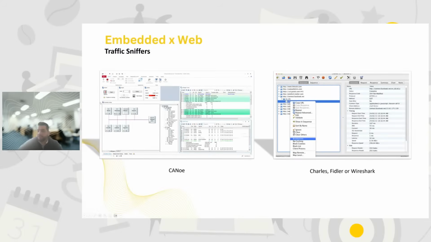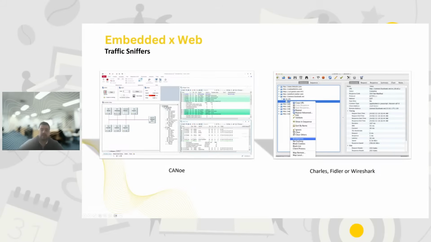Traffic sniffers are a concept closer to web and mobile because we use a lot of them, like Charles, Fiddler, Wireshark. They are used as a proxy to collect our traffic. But it can also be used in our embedded devices. Here it's CANoe, a tool used to check CAN messages.